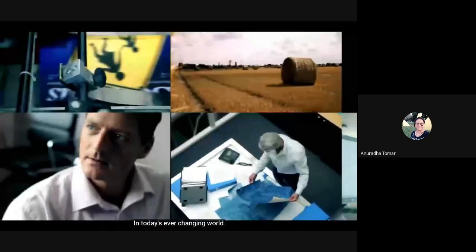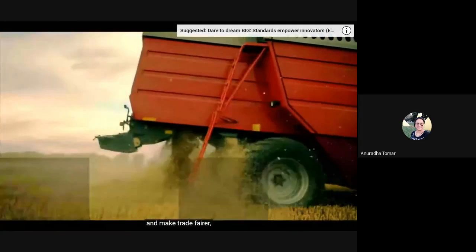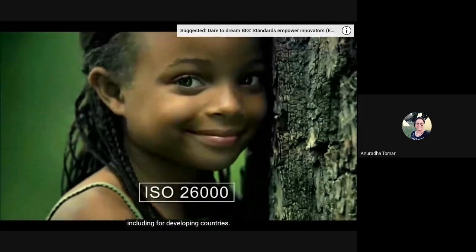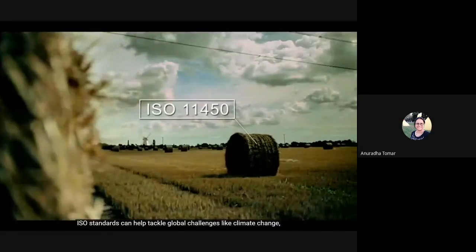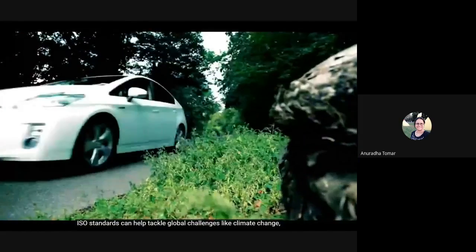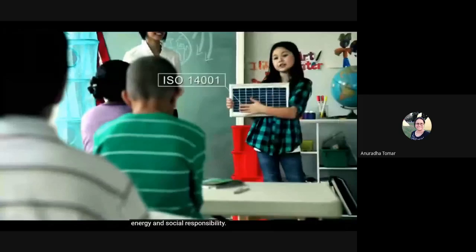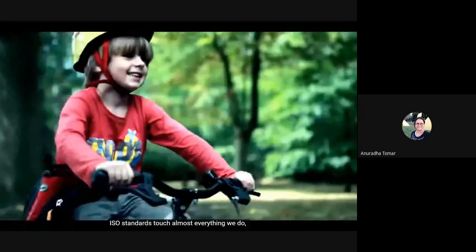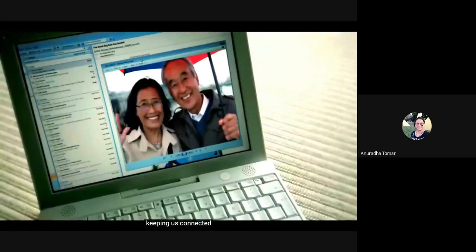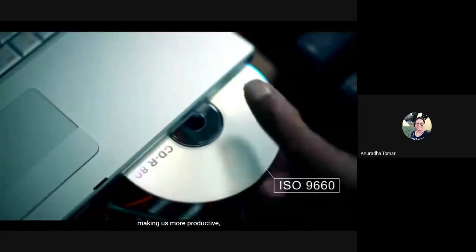In today's ever-changing world, ISO standards help create growth, open up global markets, and make trade fairer, including for developing countries. ISO standards can help tackle global challenges like climate change, road safety, energy, and social responsibility. ISO standards touch almost everything we do, keeping us connected and entertained, making us more productive, more creative, sharing ideas, promoting innovation, and keeping us safe and healthy.